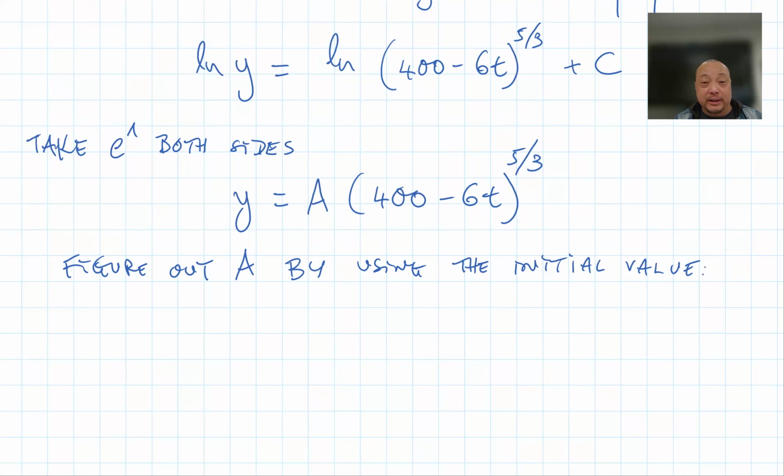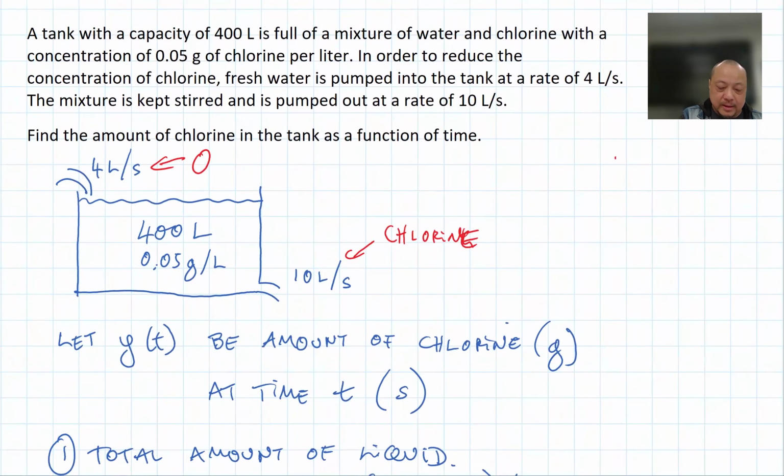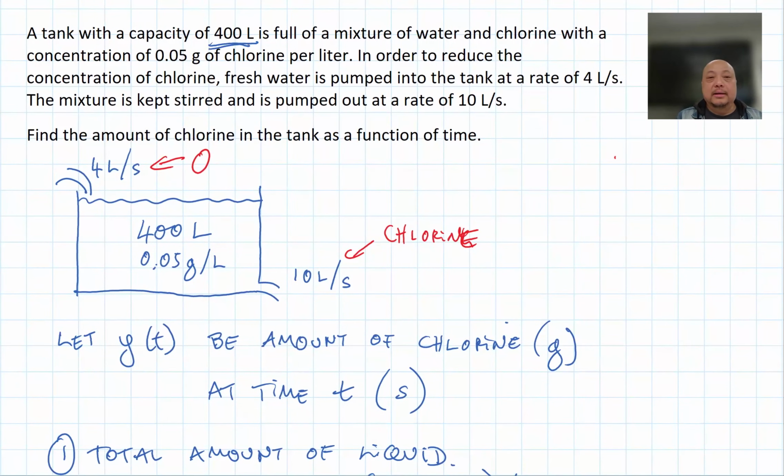I'm not really given the initial value in the problem, but I am given enough information to find it, because y is the quantity of chlorine. Well, quantity of chlorine is total amount of liquid times the concentration. And I do know what both of them are at the beginning. At the beginning, the total amount of liquid is 400 and the concentration is 0.05. So I do know what it is at the beginning.